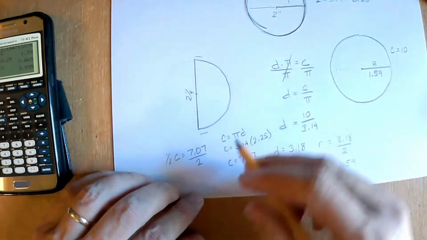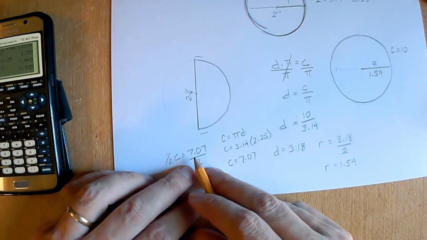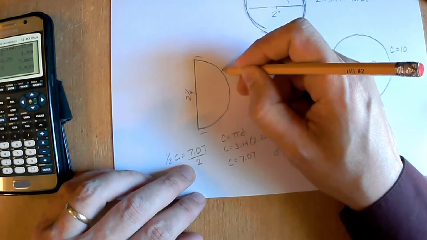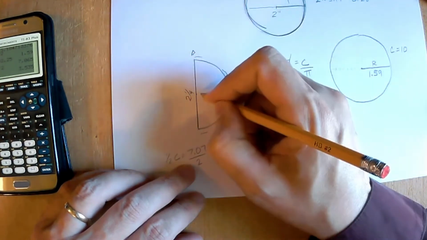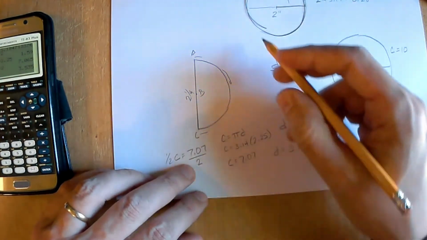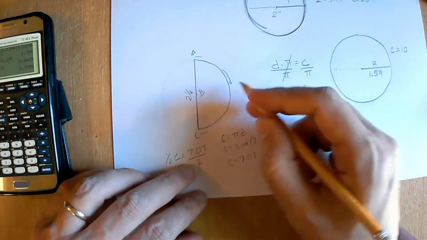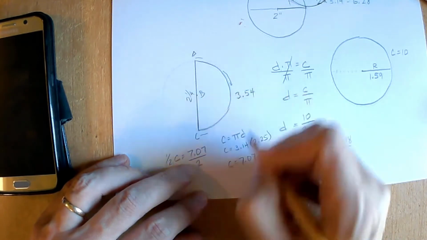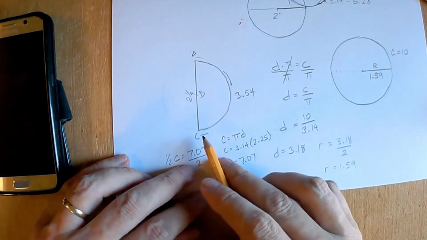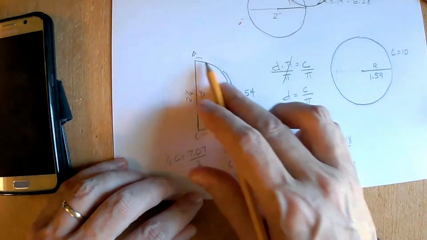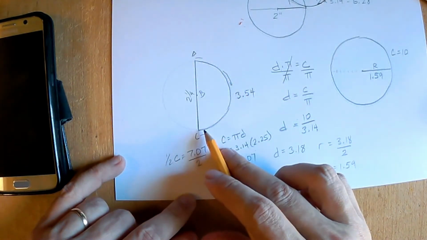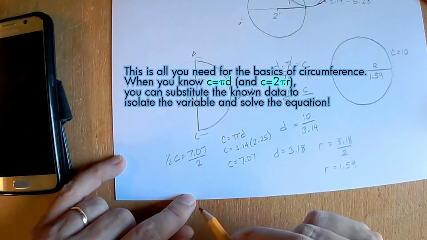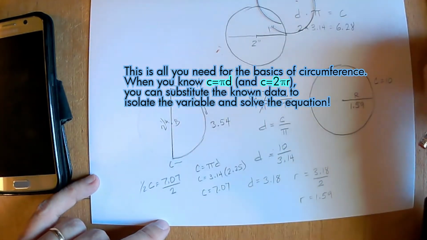Now we're rounding to the hundredths place. So that means if this was A, B, C, then the arc length from A to C is 3.54. So it's half of what the circumference would be. It would be half of 2 1/4 times pi. So there's some fun with circles.